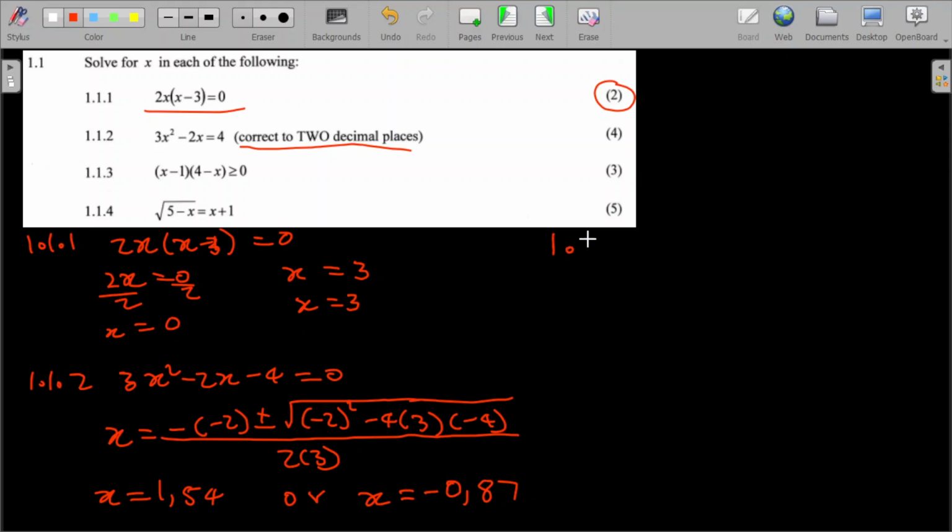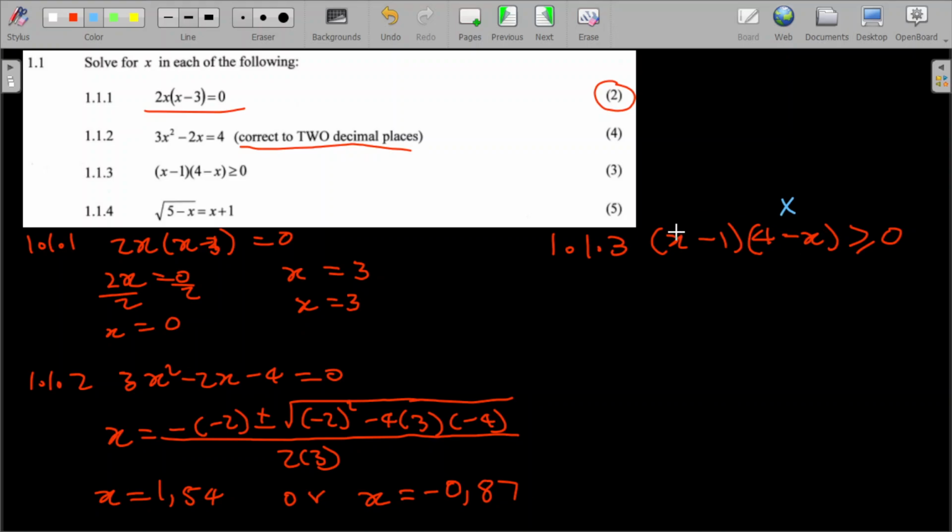Again, now 1.1.3, here they're saying (x minus 1) into (4 minus x) is greater than or equal to 0. The tricky part in this question is that this is already factorized for you, but the important thing is in this bracket, because they started with 4 and then end with the variable.